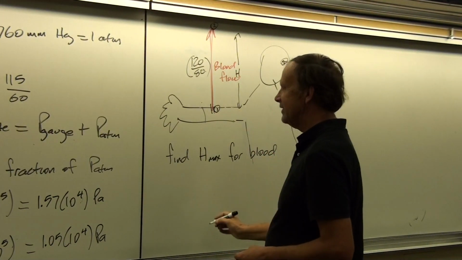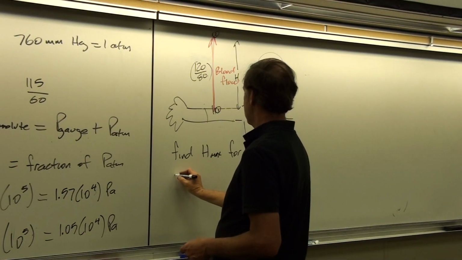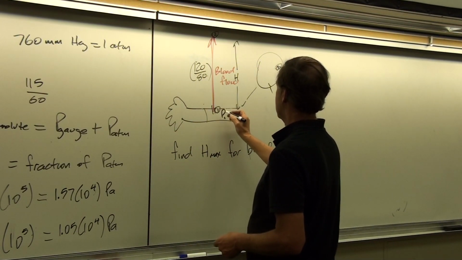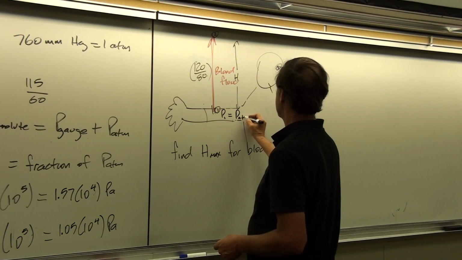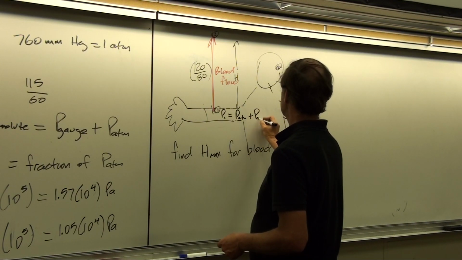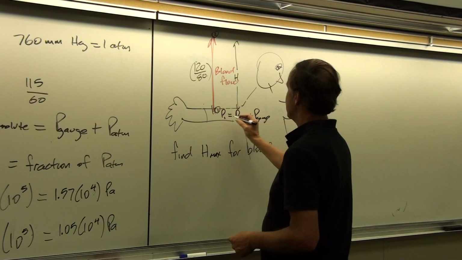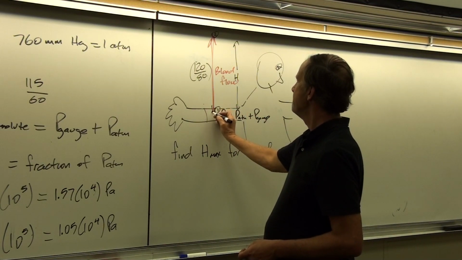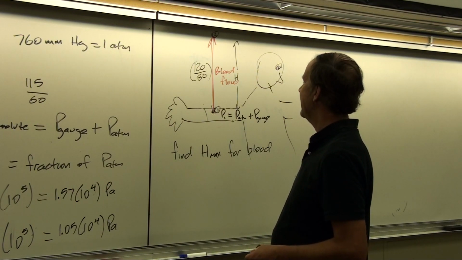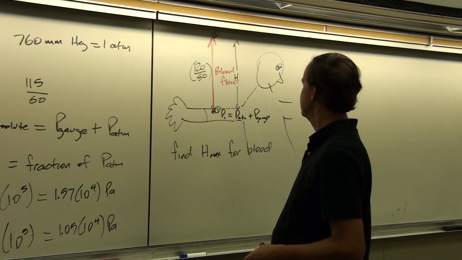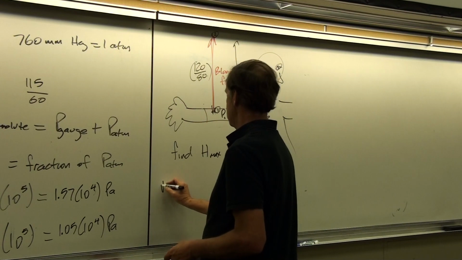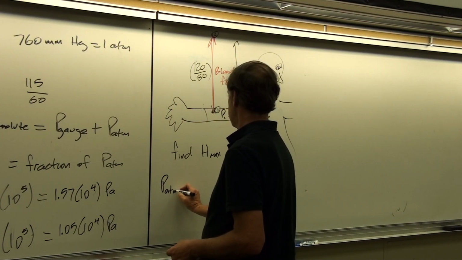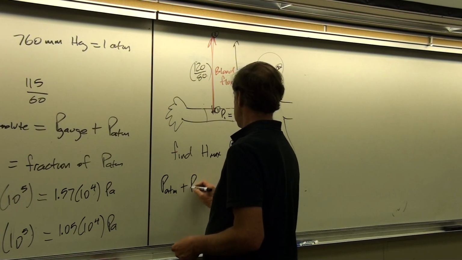Okay, and so down here at point 1, we've got P1. That's going to equal P atmosphere plus P gauge. So that's going to be the total pressure that's measured in the arm at the point at which the blood starts to flow.